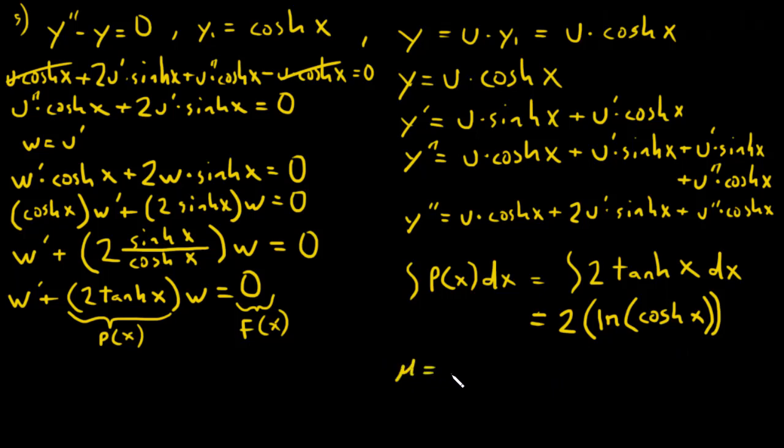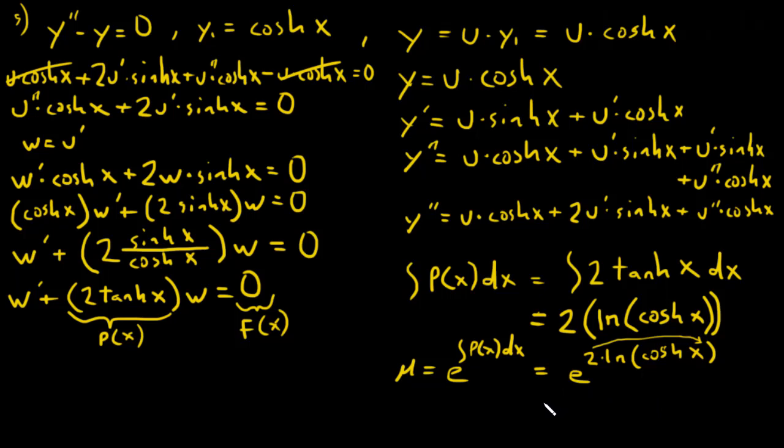Okay? Now, mu is equal to e to the integral of p of x dx, right? So it's going to be e to the 2 times the natural log of hyperbolic cosine of x. Okay? I need the e and the natural log to be touching. I can't have them just separated by this 2. So I'm going to use that log property and pop the 2 as an exponent.